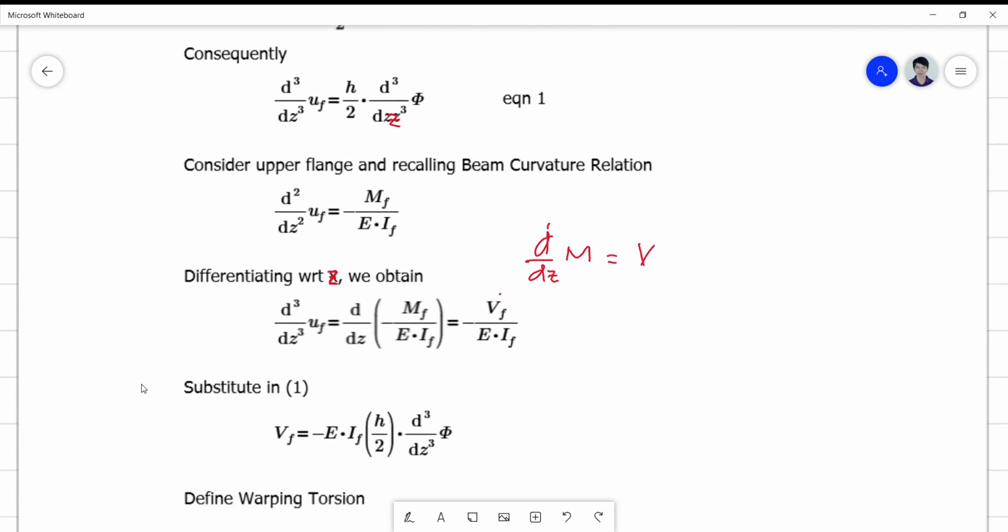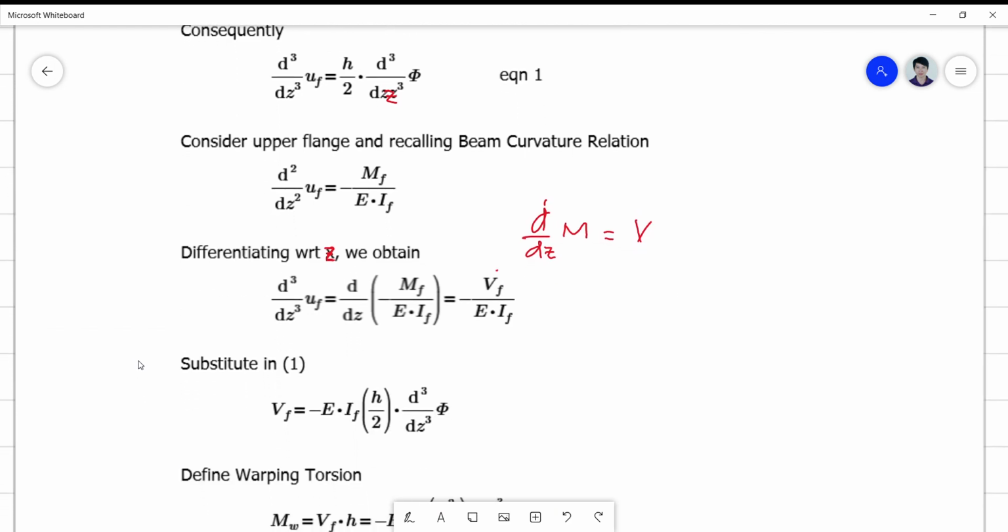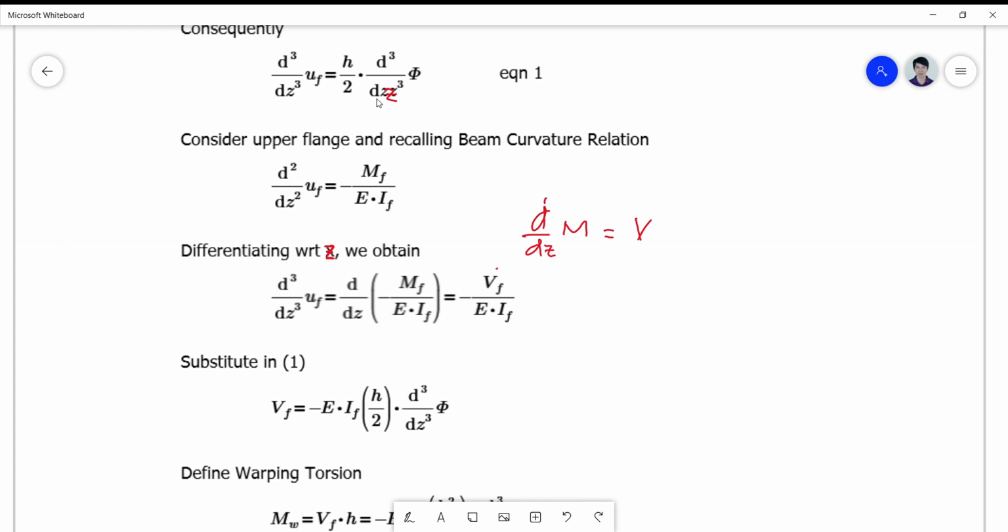And substituting it in equation 1, we may now mix up the two equations and finally come up with the formula for your shear at the flange equivalent to the negative EIF h over 2 d cube over dz cube phi, or the third derivative of phi with respect to dz.